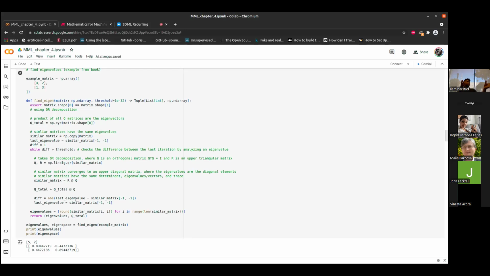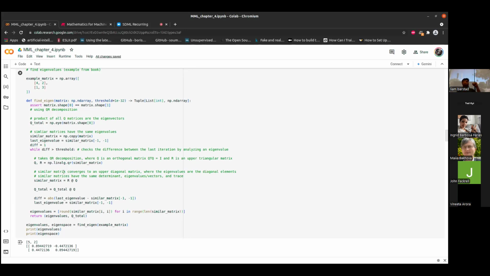And then all you have to do is keep track of all these Qs, like QRQ, right? You have to keep track of all these Qs and add them up so that when you are done, you get all the diagonals being these eigenvalues, and the sum of all these Q matrices being the eigenvectors.